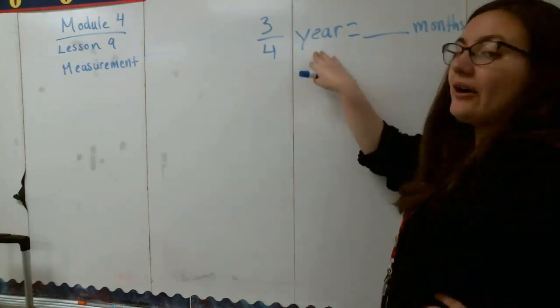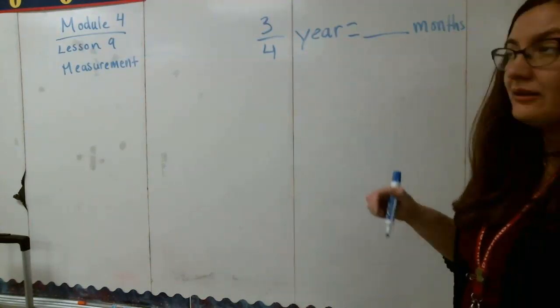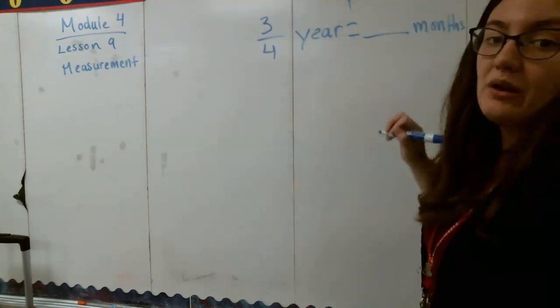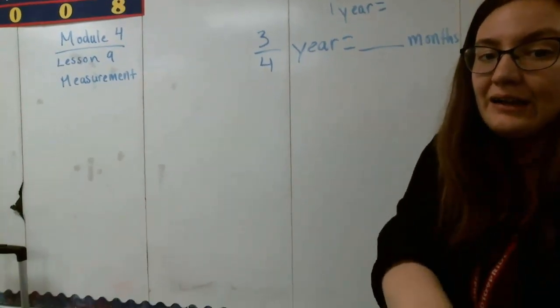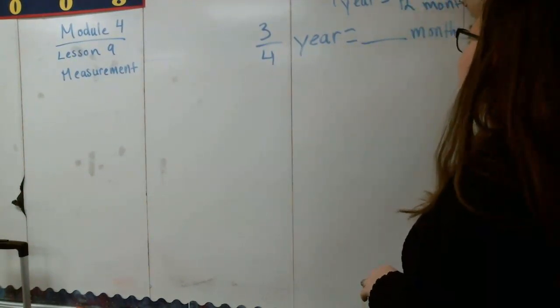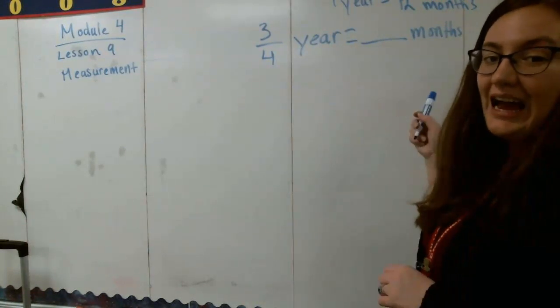So we take one part of this unit, and how many does that equal of this unit? So we have 1 year equals how many months? Well, I know that 1 year equals 12 months. So what this tells me is that I am going to be multiplying 3/4 times 12.